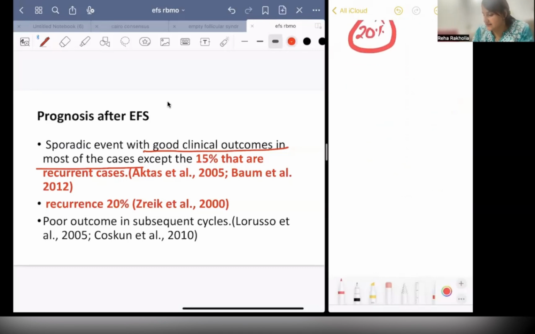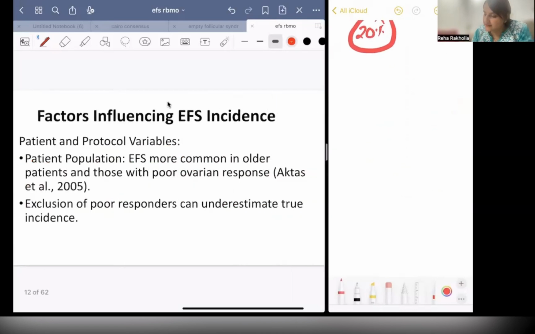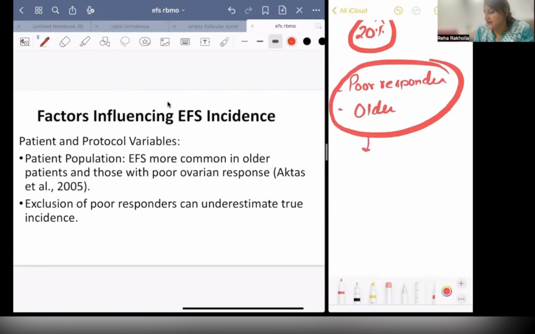Another study says that it has poor outcome in subsequent cycles. Factors influencing EFS incidence: poor responder patients and older patients are basically considered to have EFS.